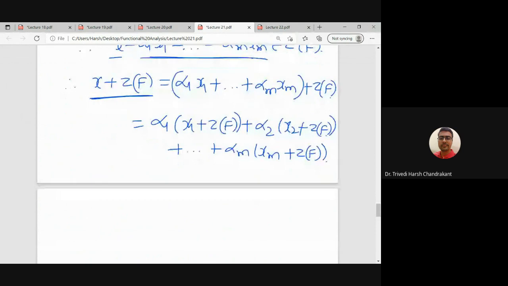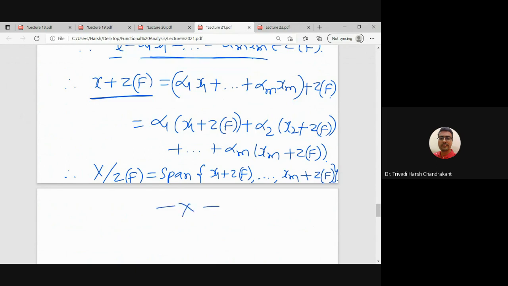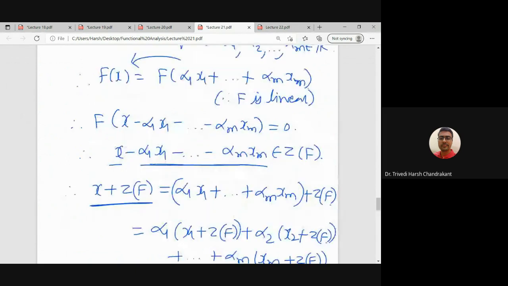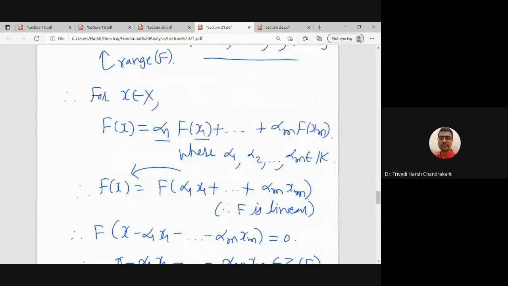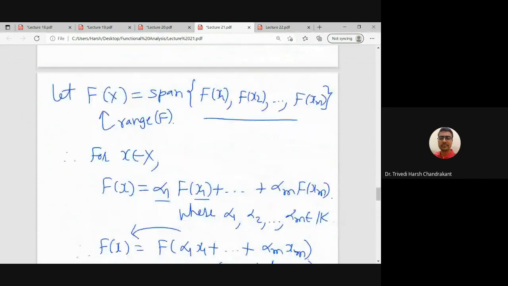So what this says is therefore X/Z(f) is the span of x1 + Z(f), ..., xm + Z(f), where x1, x2, ..., xm are the elements corresponding to these basis elements.